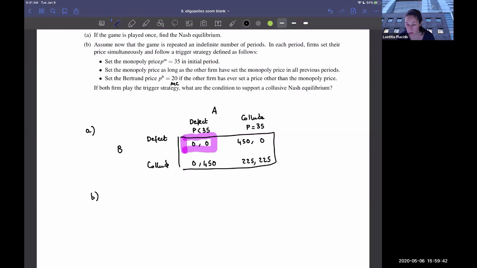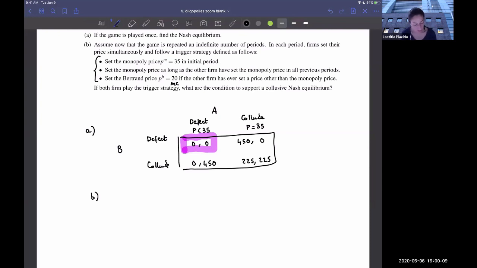That way I get all the demand and she gets 0 profit. This combination of strategies is called a trigger strategy. Basically, I'm nice as long as you behave nicely, and if you don't behave well, I punish you by setting price equal to marginal cost.